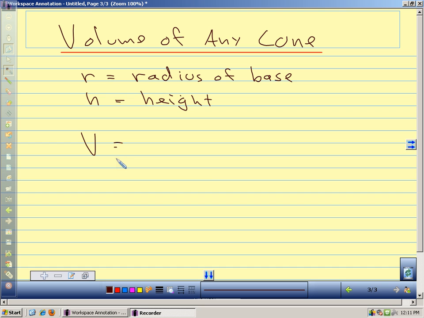Let's think about how the volume of a cone is going to relate to the volume of a cylinder. 1/3 is exactly right. So our volume is going to be 1/3 pi r squared times h units cubed. So it's 1/3 the volume of the cylinder.